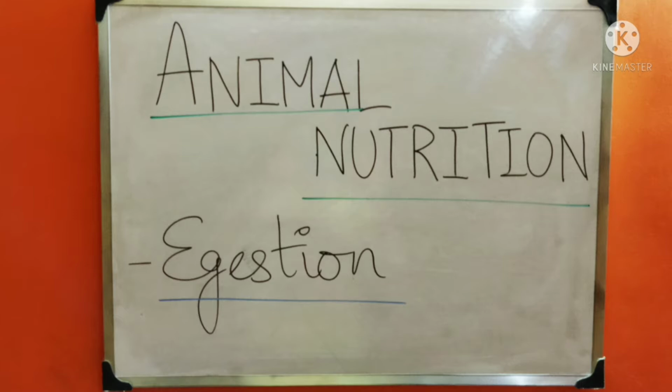So, ingestion, digestion, absorption, assimilation and egestion, these all form the 5 basic steps of animal nutrition.